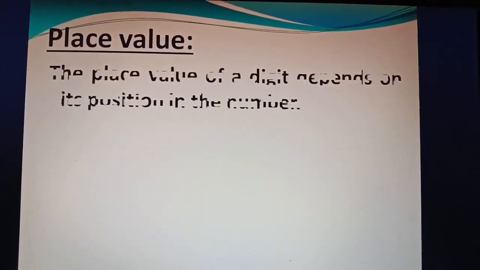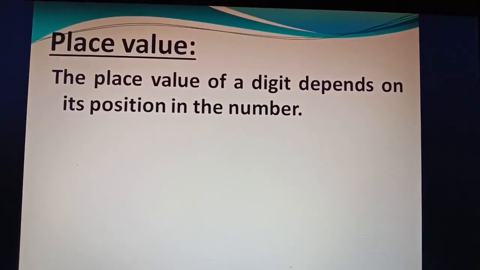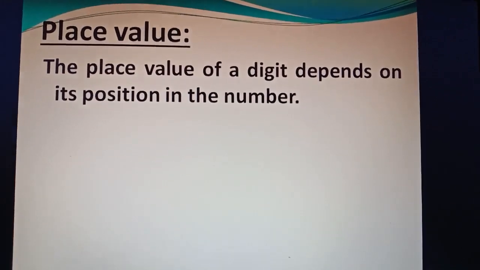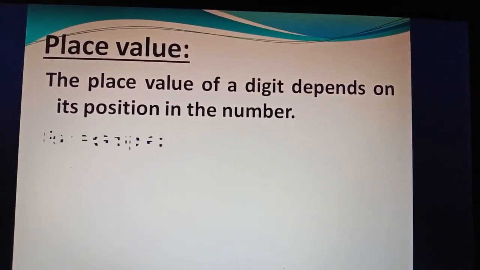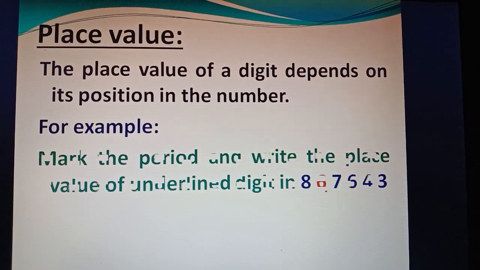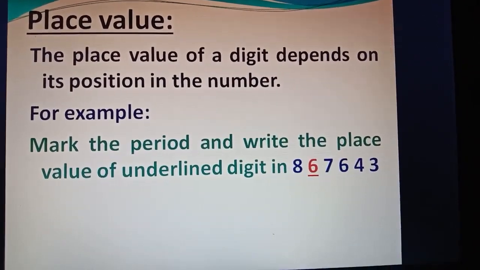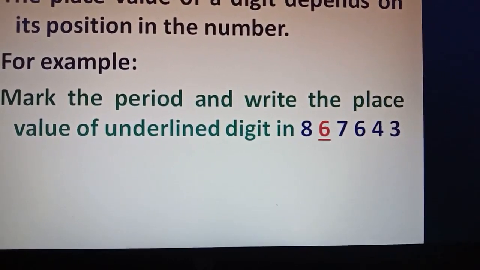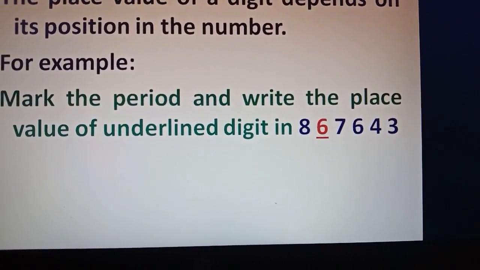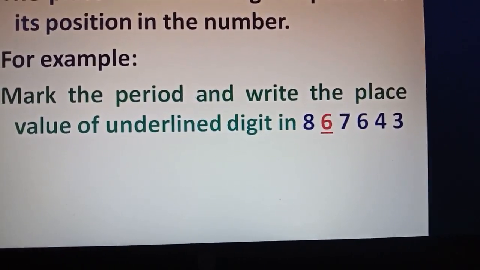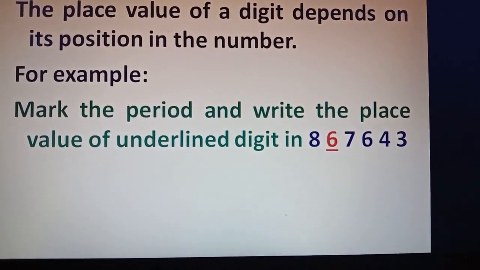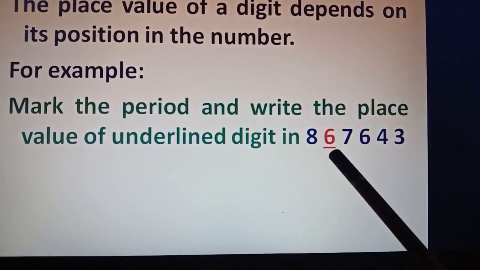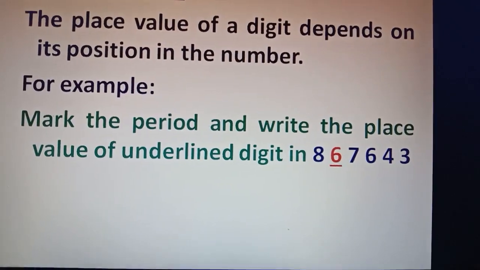Now next comes, what is place value? Place value of a digit depends on its position in the number. For example, mark the period and write the place value of underlined digit, that is 867,643. We have to tell the period and place value of underlined digit, that is 6.